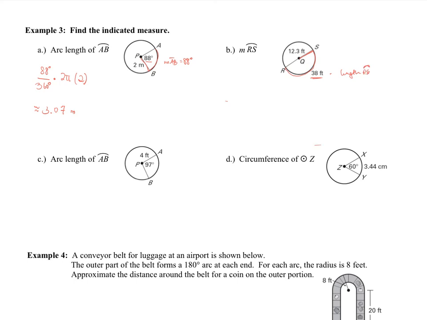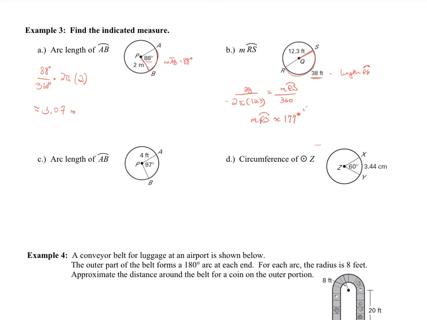So I can use the proportion arc length over 2 pi r, and we can set it equal to the measure of arc RS over 360. And again, by using your calculator, the measure of the arc RS should be about 177 degrees. Make sure you label your answer with the degree symbol.